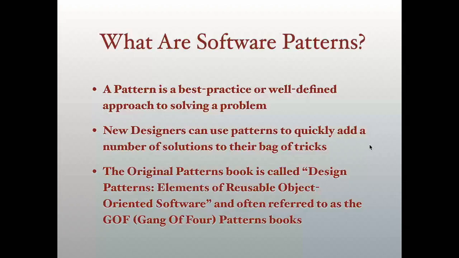It's often referred to as the GOF pattern book, or Gang of Four, because there were four authors who wrote it. At the time, they were the Steve Jobses of software design. These are the guys who were really deep into developing object-oriented software.